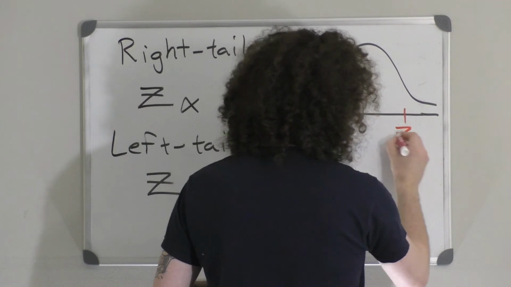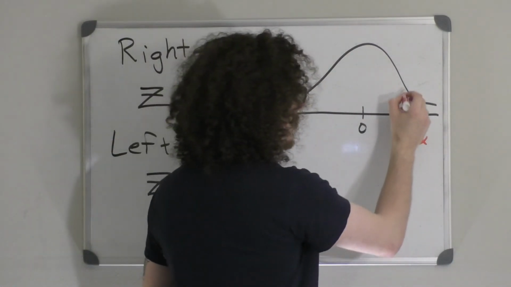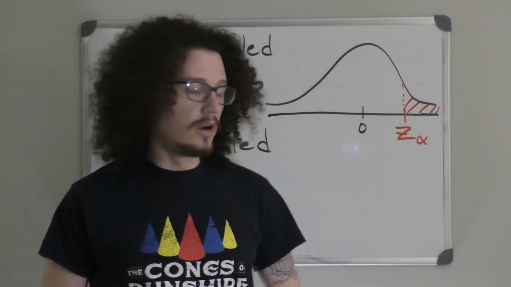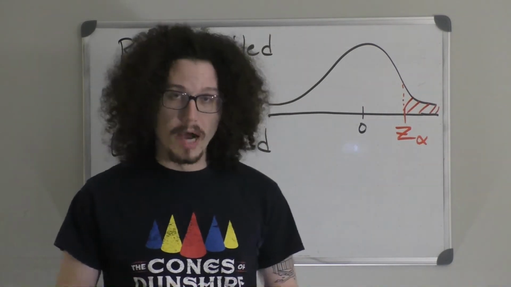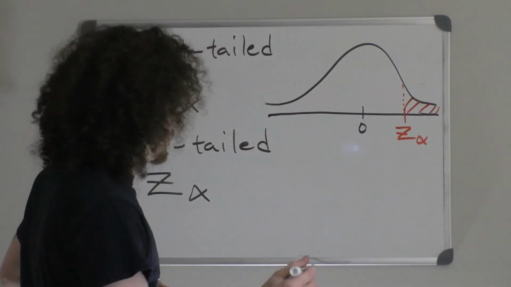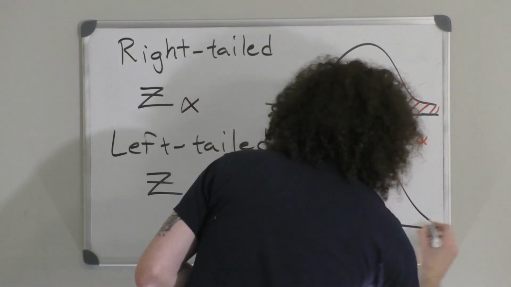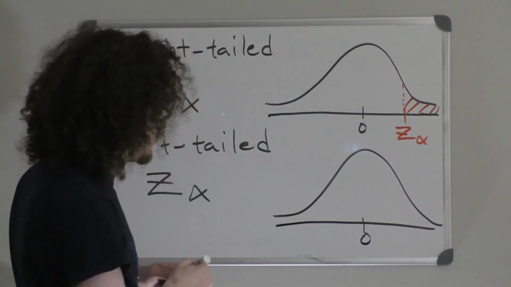Well, if you know it's a right-tailed test, that means that the rejection region has to be in the right tail. So the critical value has to be positive. Same idea is true for our left-tailed tests.